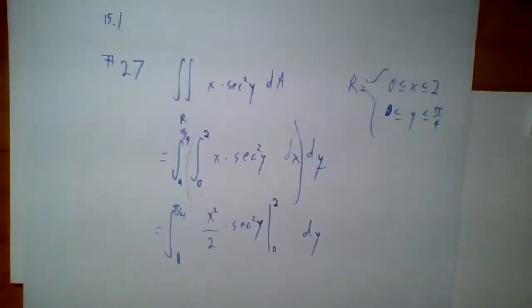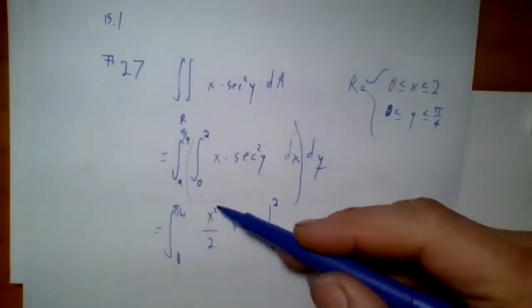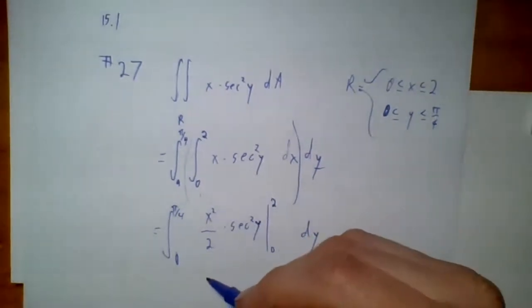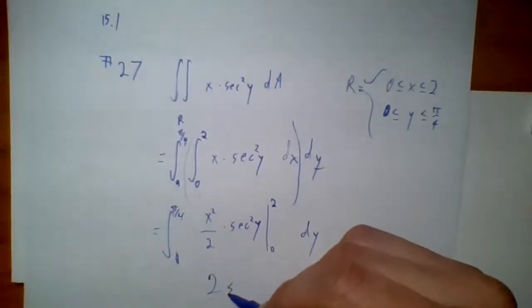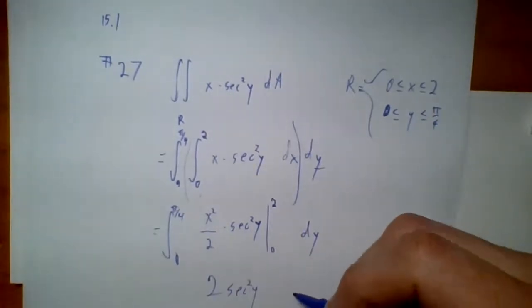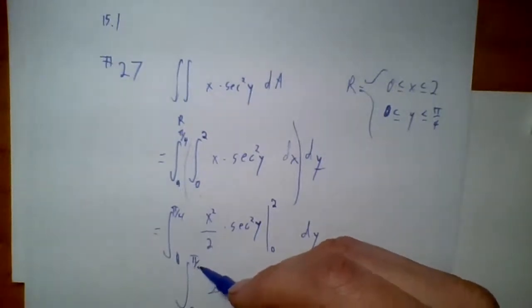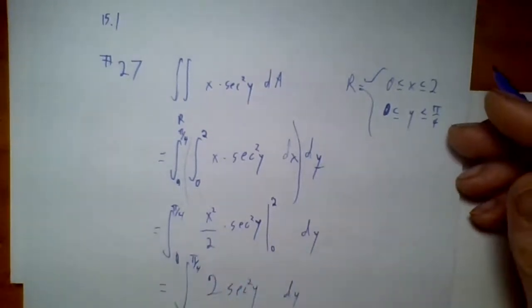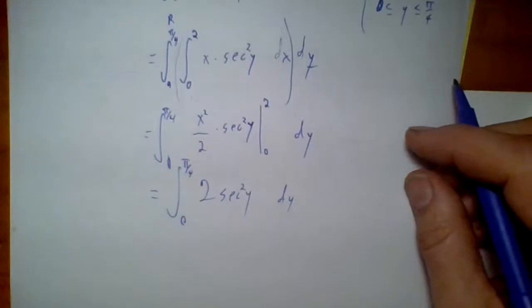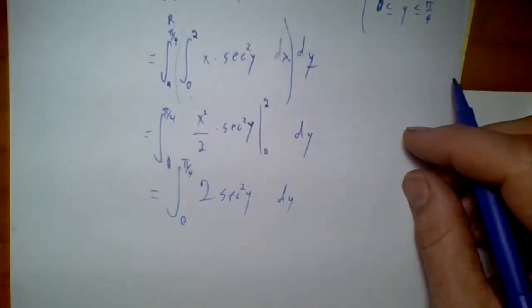You're always going to have stuff to put in for it. And plugging those in for x, I get 4 over 2 minus 0. So I just get 2 secant squared y, integrated between 0 and pi over 4. So now it is just a regular single variable antiderivative problem. There aren't any x's left in it now.